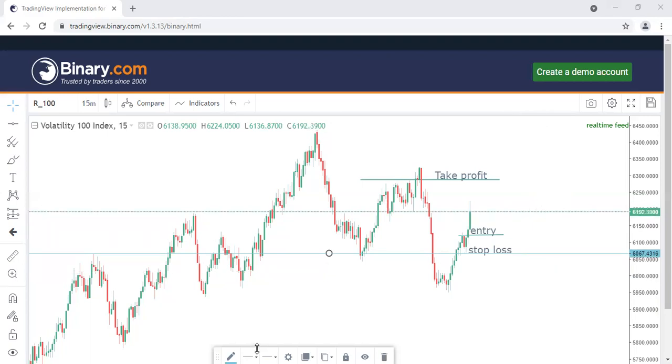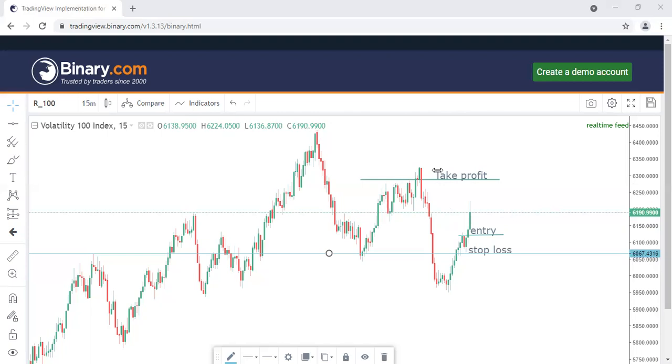So we divide our answer, our entry minus stop loss value, by 10. That is the number of pips for our stop loss.